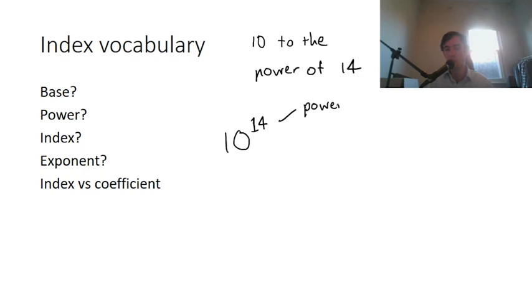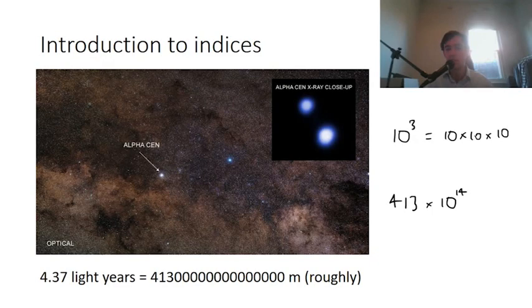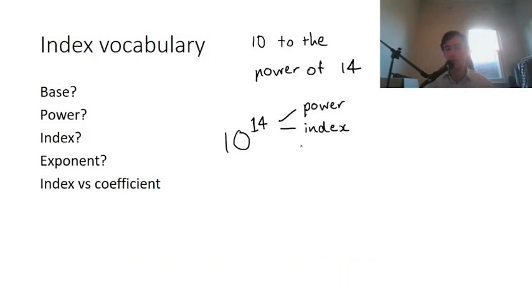So this 14 over here is called a power. What it means is that's how many times I multiplied 10 by itself. It's also called an index. Indices, which is the topic, is the plural of index. So if I have more than one index, I've got indices.